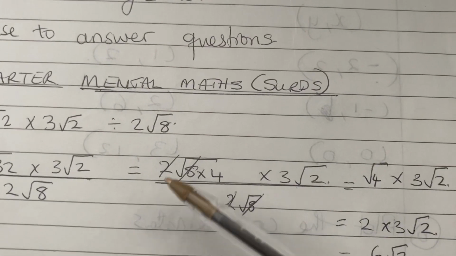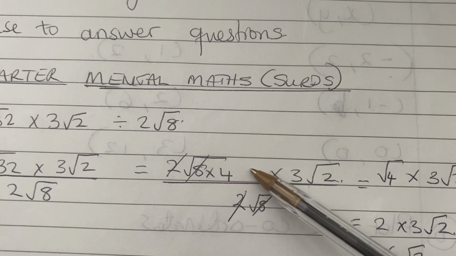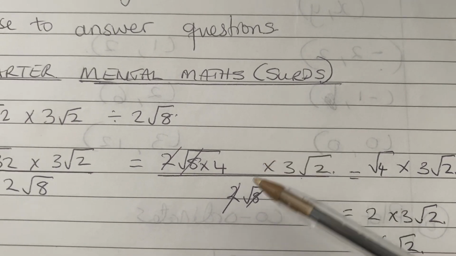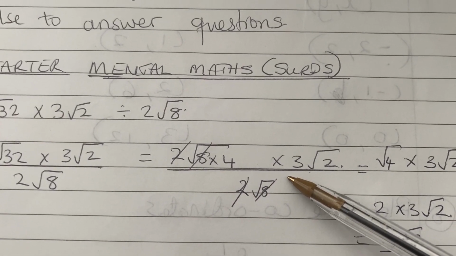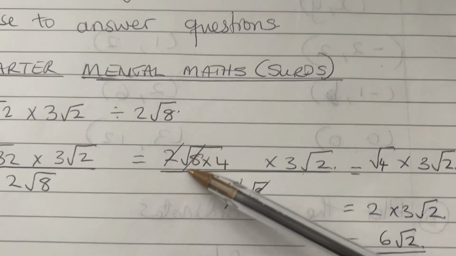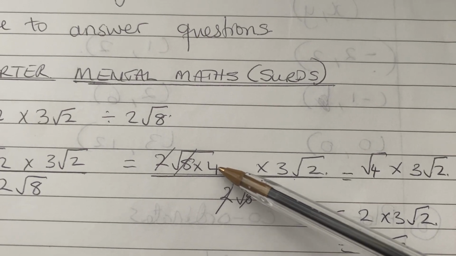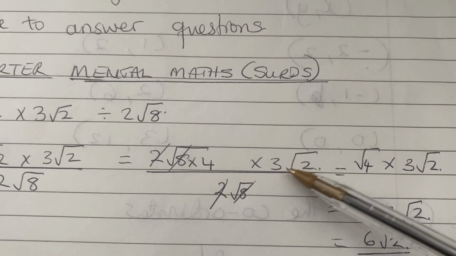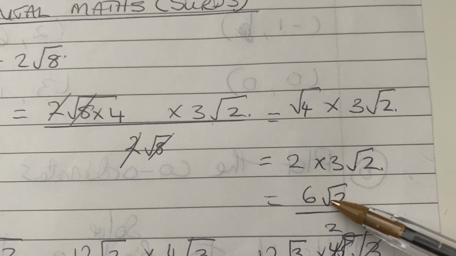So now I have root 8 times 4 times 3 root 2 for the numerator, and the denominator has 2 root 8. This root 8 takes care of the denominator's root 8, and I'm left with root 4, which is 2. 2 times 3 is 6. So I have 6 root 2.